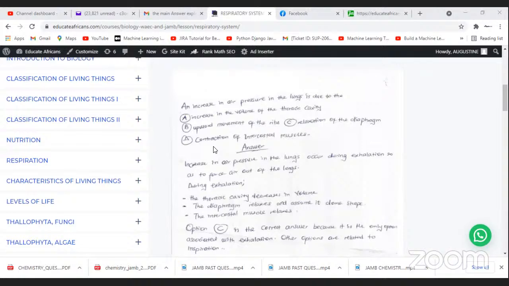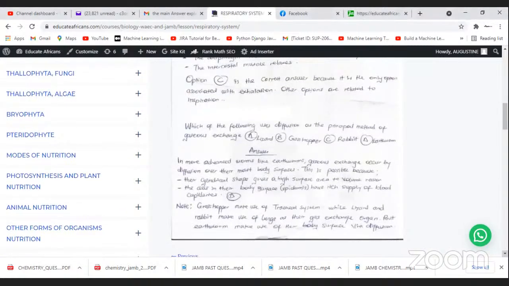You can also talk about the thoracic cavity decreasing in volume and the intercostal muscle relaxing. So option C is the correct answer, because it is the only option associated with exhalation. Other options are related to inhalation. So take note of that.